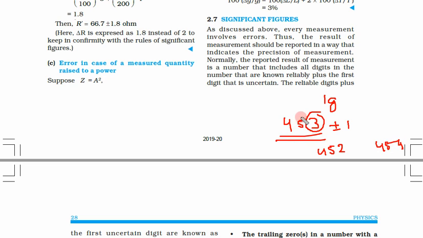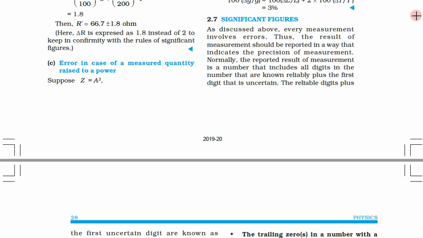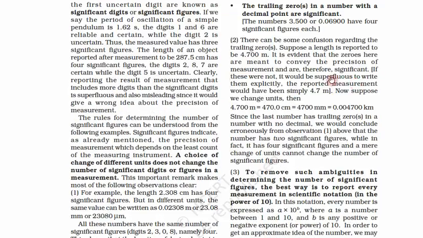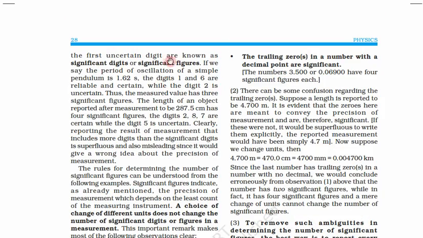But these two digits we are sure are perfectly reliable. This digit is not very reliable, uncertain. So all the digits that are reliable plus one digit that is unreliable, this is the way to write anything. So the reliable digits plus the first uncertain digit are known as significant digits or significant figures.